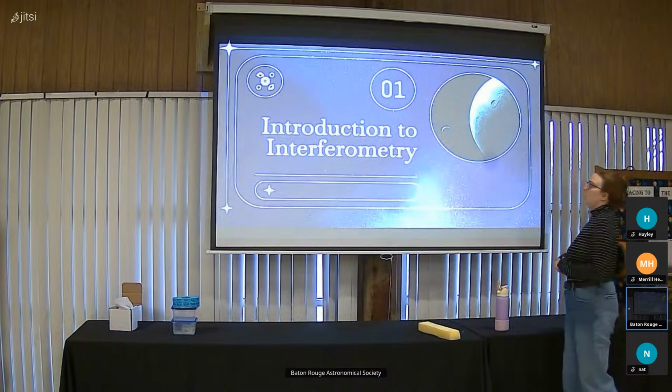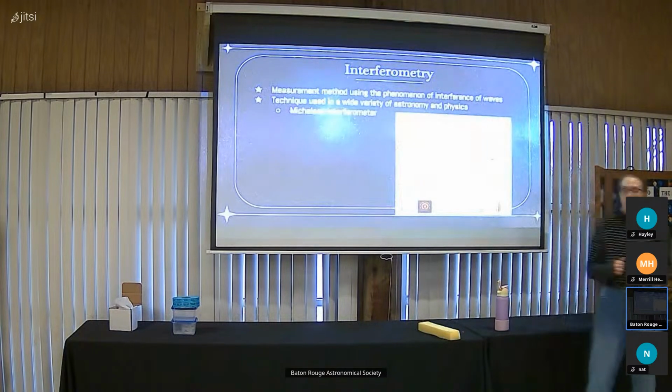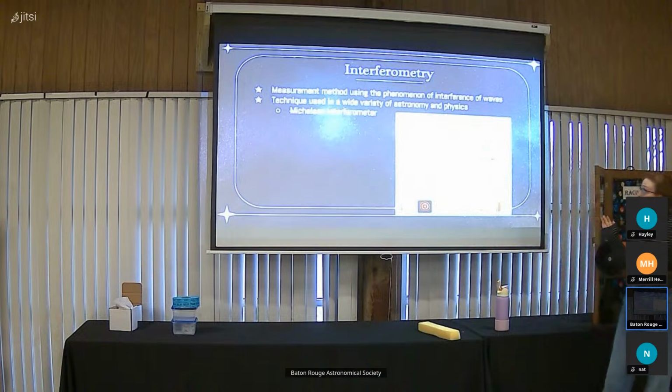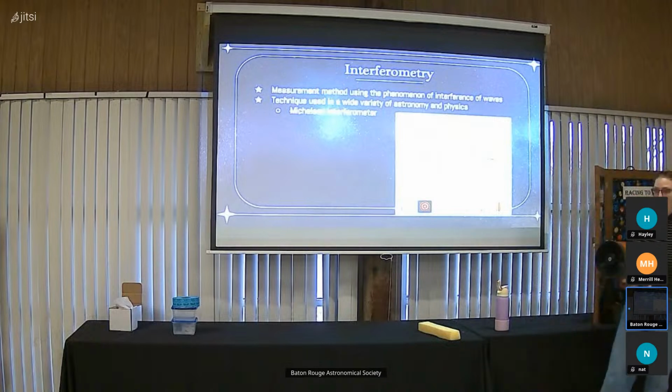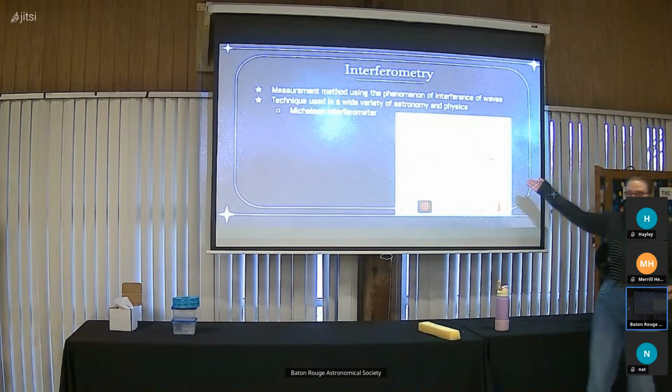Okay, so introduction to interferometry. Interferometry is a measurement method using the phenomenon of interference of waves. There are several different types of interferometers used. I'm sure everybody here has heard of LIGO. We have the Michelson interferometer.